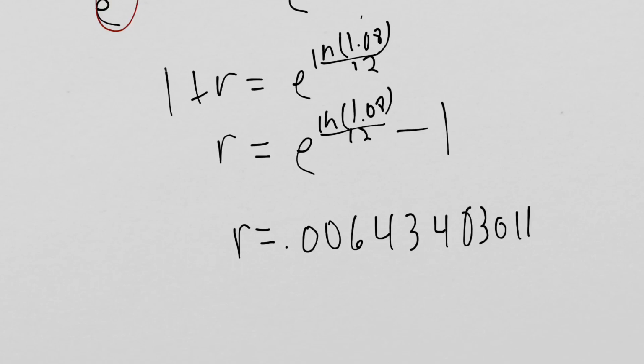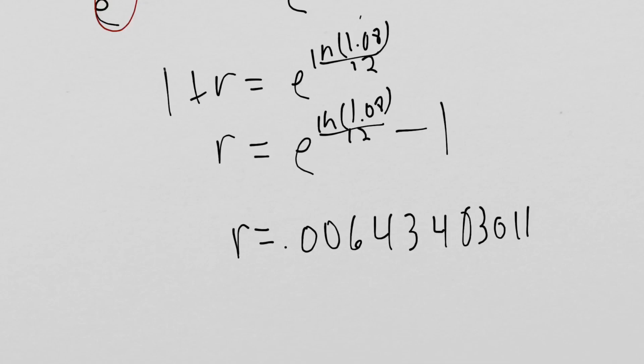So 0.6 would be like 60%. 0.06 would be like 6%. This is 0.006, which is about 0.6%. So what this is saying is about 0.6% interest per month will lead to a total of 8% interest each year.